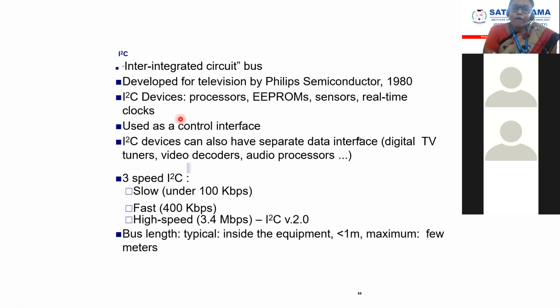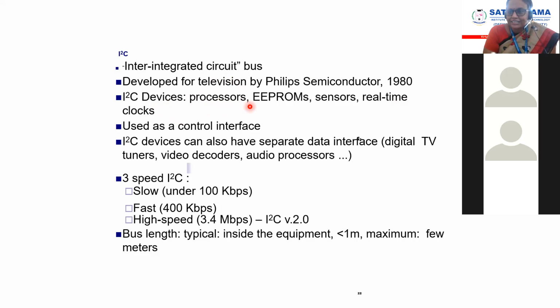Now, where I square C is used. I square C always uses the concept of master and slave. Just as various ECUs connect on a CAN bus, similarly here there will be an I square C bus with one master, the microcontroller, and all slave devices. The devices connected to the I square C bus, such as EEPROMs, sensors and real-time clocks, are called slave devices.